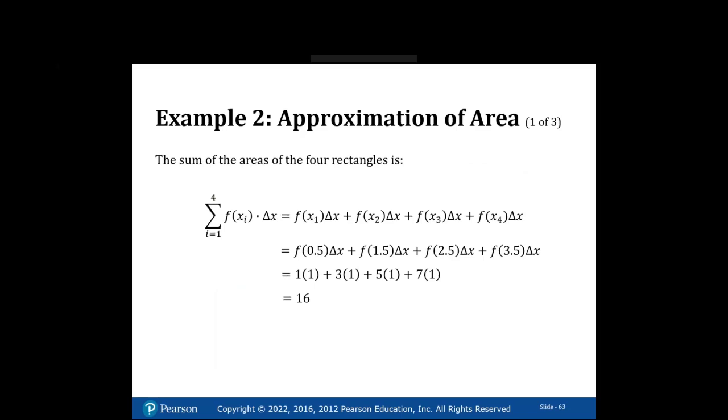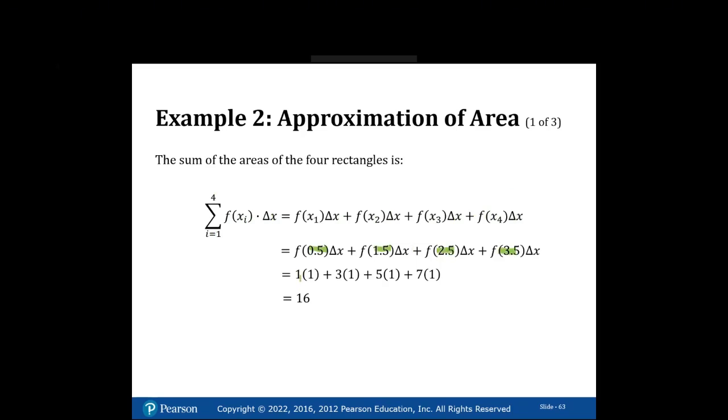So here we have our sum from i equals 1 to 4 of f of xi times delta x, which means f of x1 times delta x plus f of x2 times delta x plus f of x3 times delta x plus f of x4 times delta x. And now I'm plugging in my midpoints.